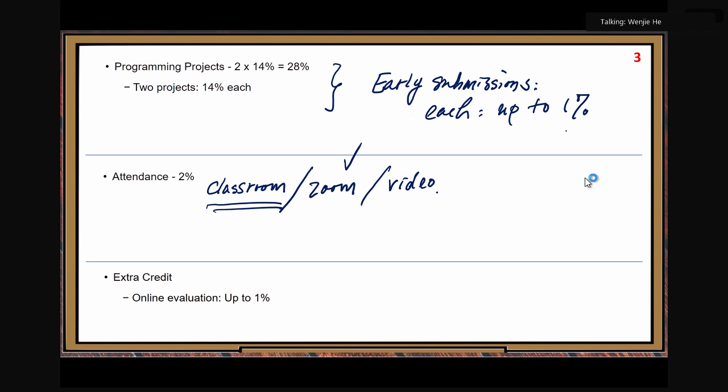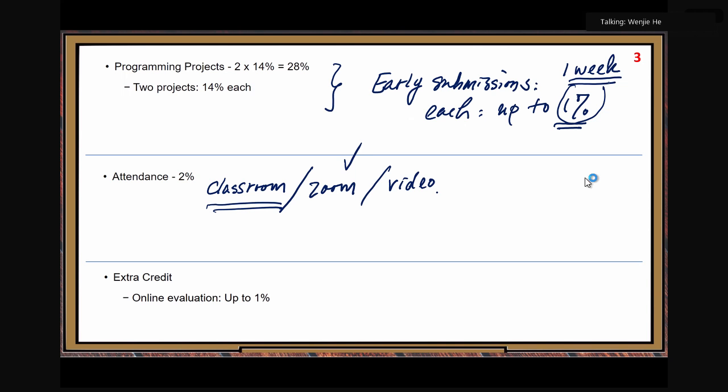What do I mean by up to? How early can you earn 1%? One week. So this whole 1% corresponds to one week early. If you can submit the project one week early, then you get 1% extra credit.